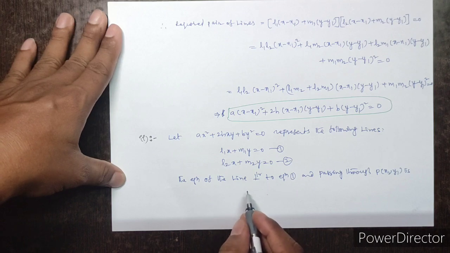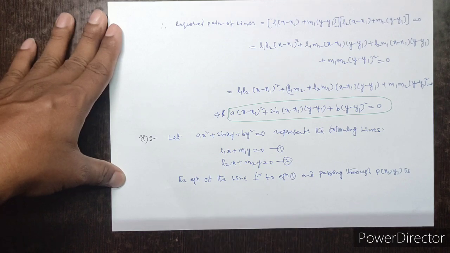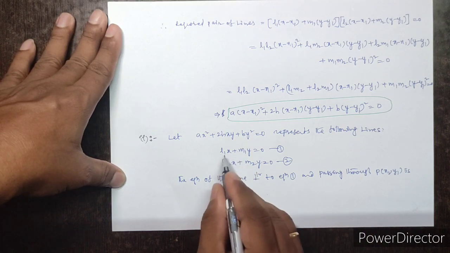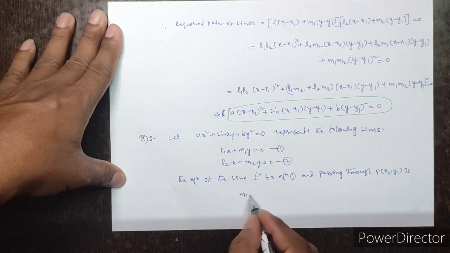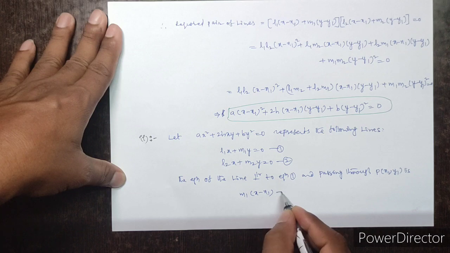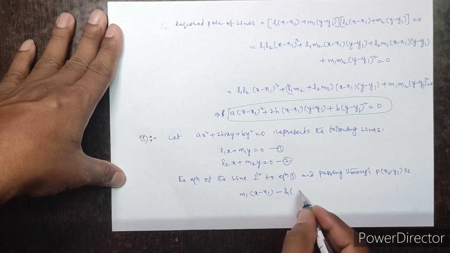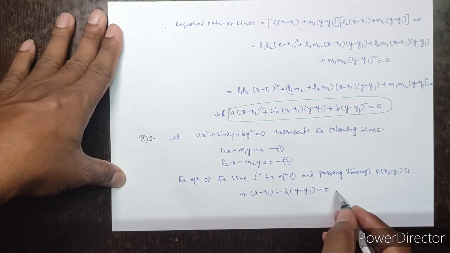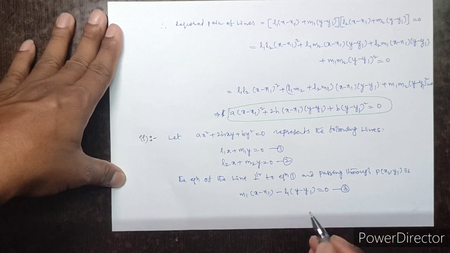Just interchange the coefficients of x and y and keep minus. It is m1 of (x minus x1) minus l1 of (y minus y1) equal to 0. This is equation number 3.